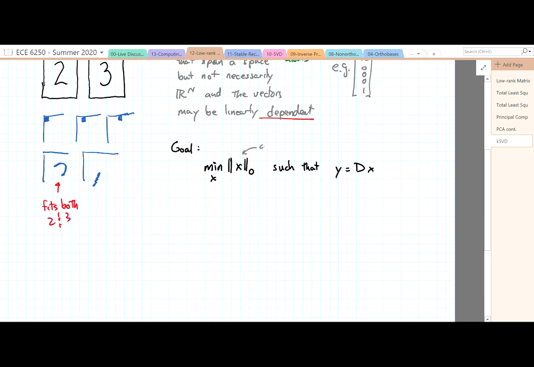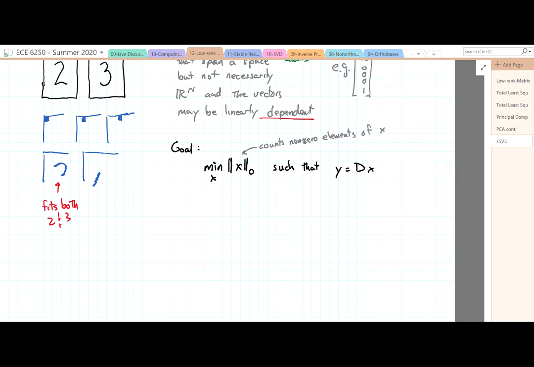But this counts non-zero elements of our vector x. So we want to have the fewest number of non-zero elements of x, so that y equals Dx.